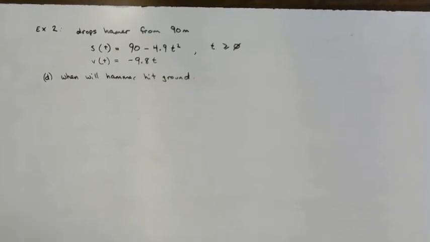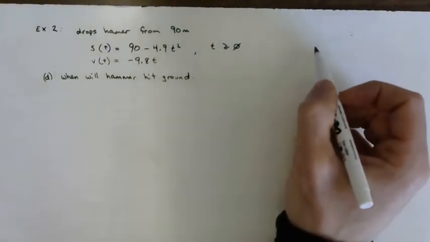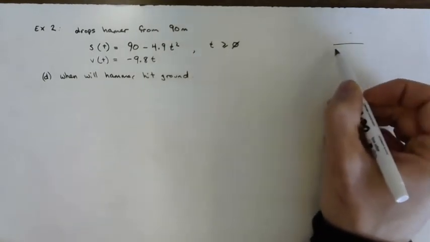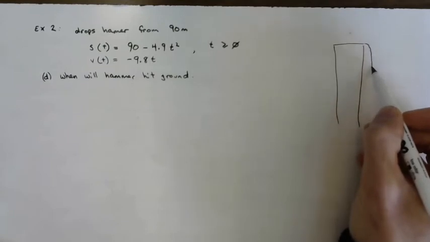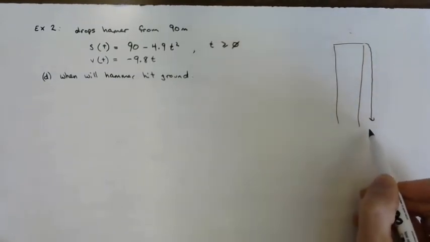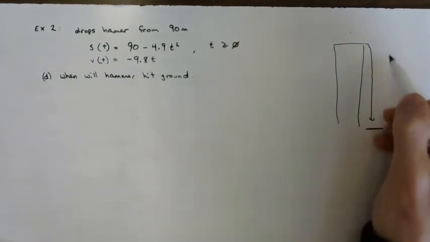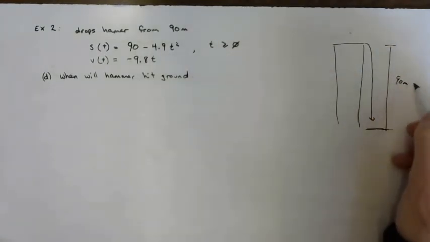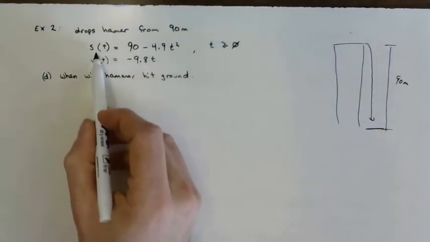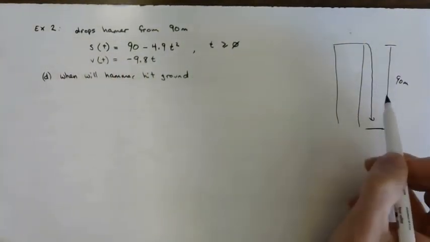If we think about our building here where he dropped the hammer from, speeding up, speeding up, speeding up, how far has it traveled by the time it's hit the ground? 90 meters. So the displacement will be 90 meters once it hits the ground.